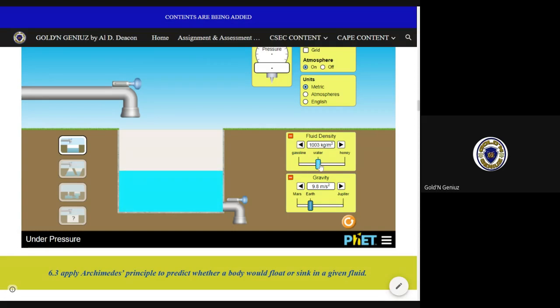Water is 1,000 kilograms per meter cube, and honey is at 1,420 kilograms per meter cube. So we have three liquids of different densities.